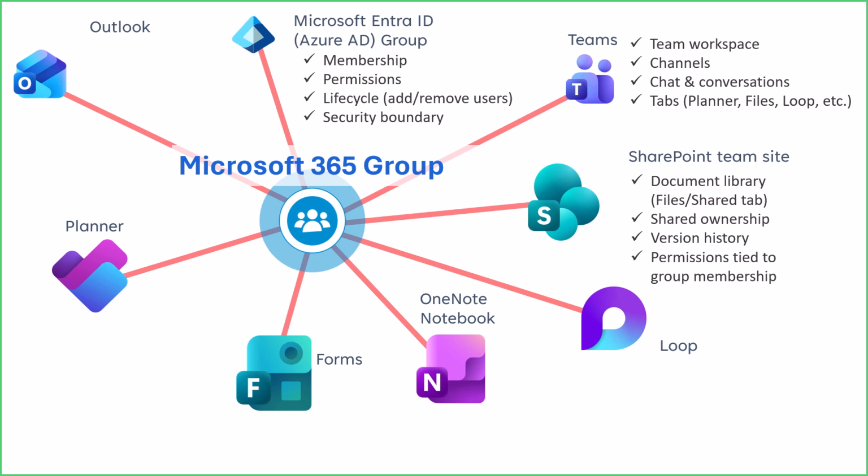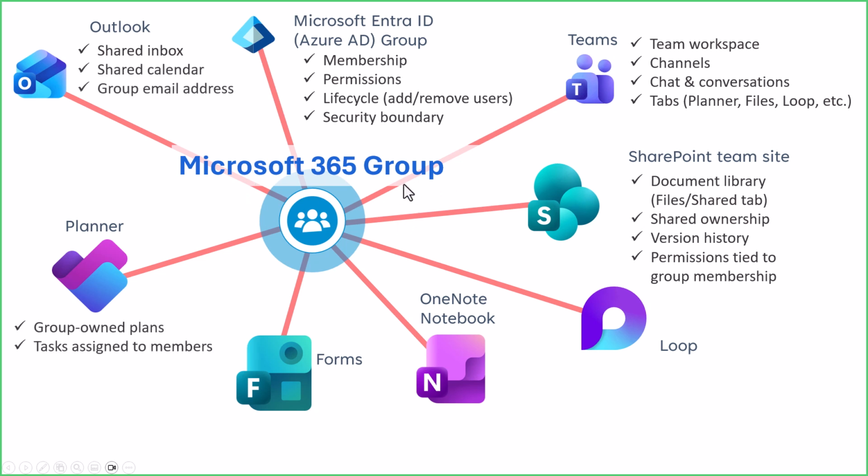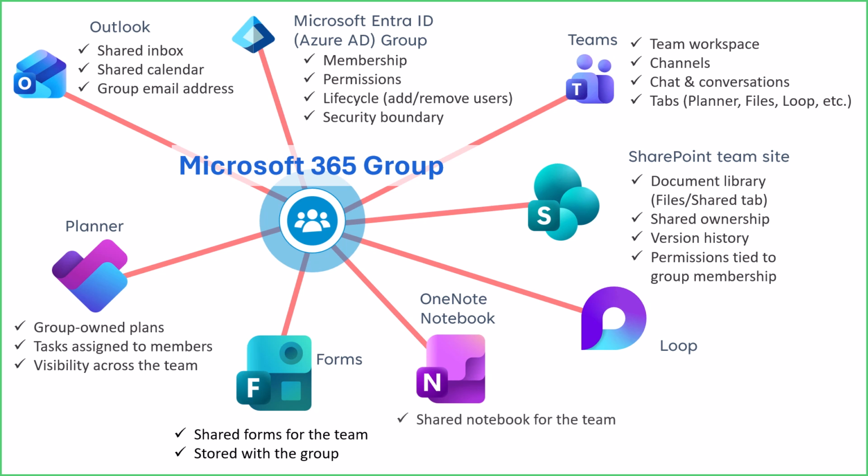And it's great because we don't have to worry about trying to connect all of these later. We have group-owned plans, we have group email addresses, we have a shared calendar, we have forms that are for the group. And I'm going to explain how we can map the forms to actually be owned by the group. A lot of times when somebody creates a form, it's theirs personally.